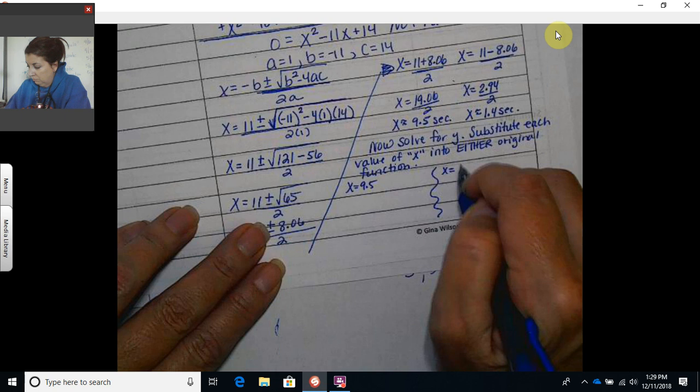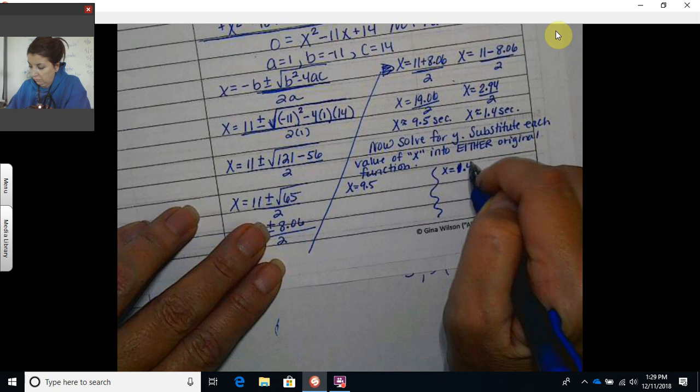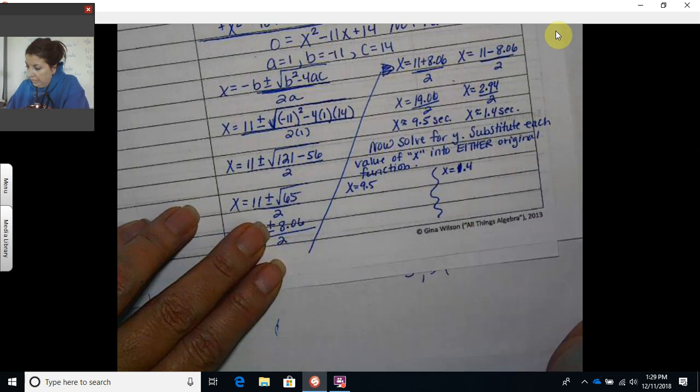And like I said, I'm going to use function g.